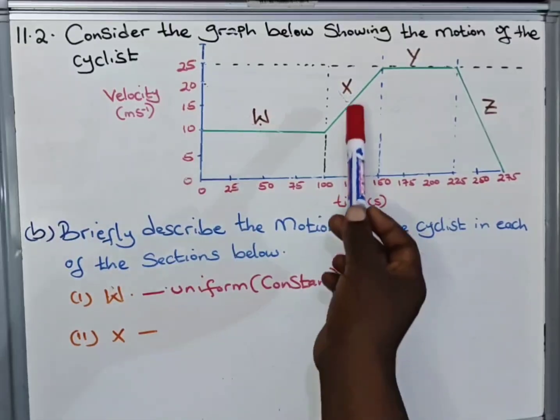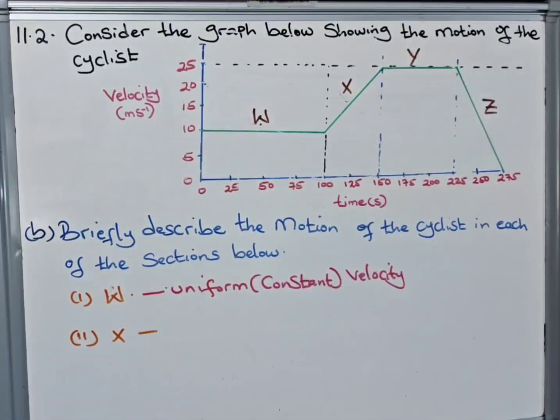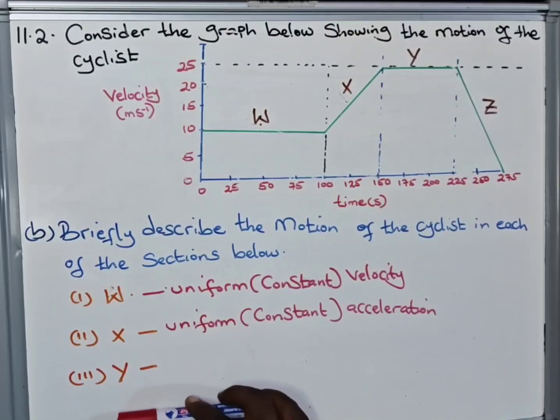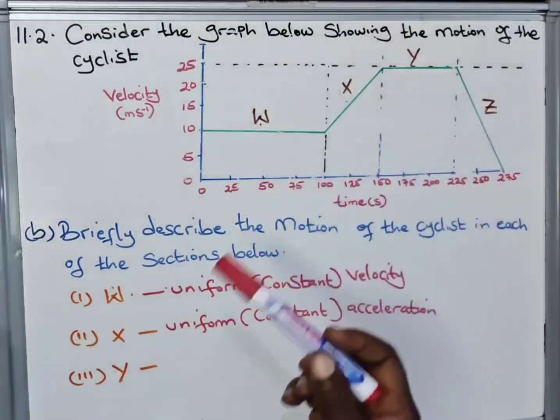Now we come to section X. What kind of motion is that? How do we describe it? That one is uniform acceleration or constant acceleration. Then we come to Y. What do we see?